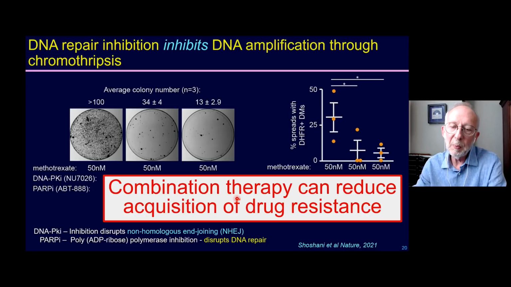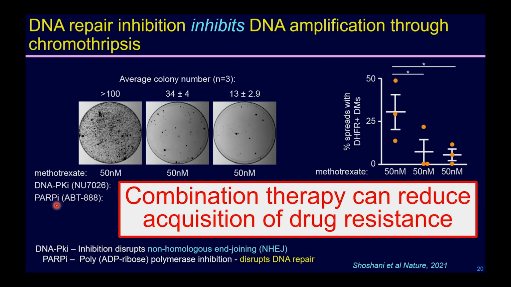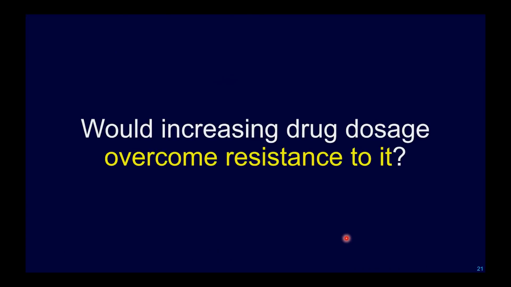And we propose from this that a combination therapy, which included the use of PARP inhibitors and an NHEJ inhibitor, really ought to be able to diminish acquisition of drug resistance, for example, in that BRAF inhibitor that I indicated earlier.